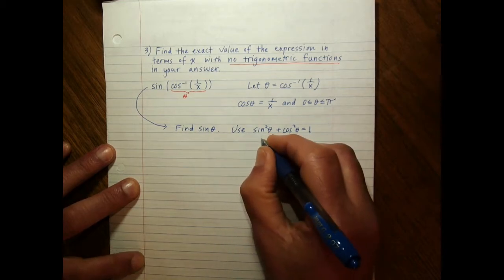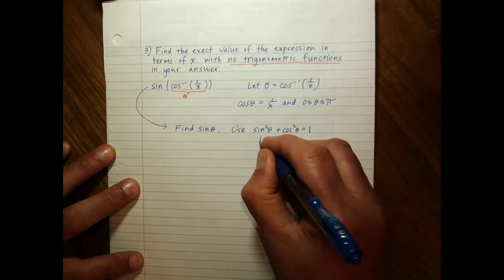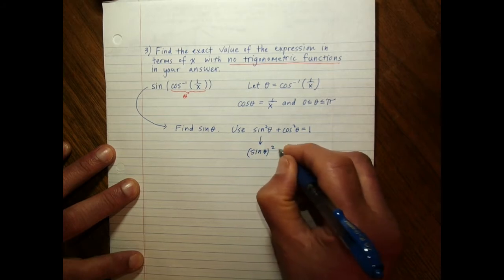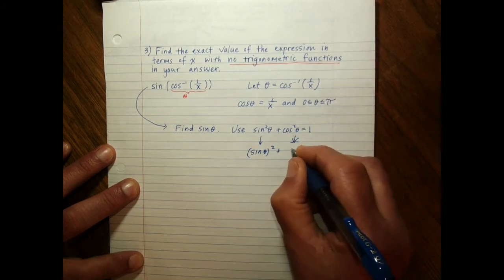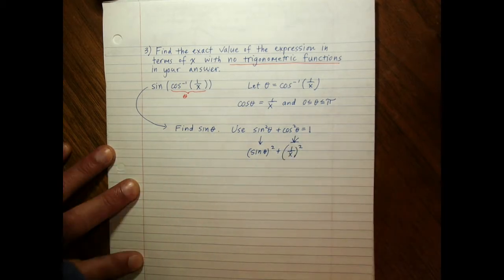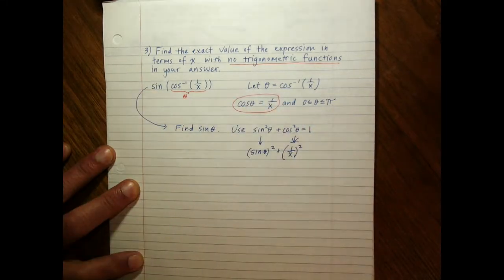Now, here I don't have two equations and two unknowns like a couple problems ago. Here I want to solve for sine theta, and I can plug in for cosine 1 over x, because we know cosine theta is 1 over x.